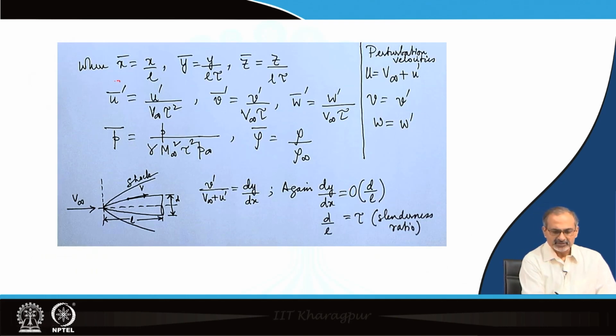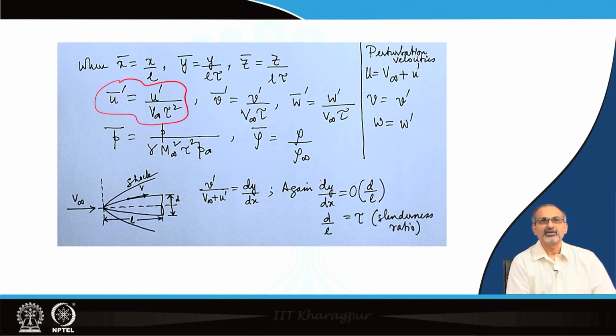And here comes the definition of u bar dash, which we just tried to argue, why it happens to be u dash by V infinity tau square. On the other hand, you notice that v bar dash happens to be non-dimensionalized as v dash by V infinity tau, which would be producing an order unity term, and why it happens that way we will try to explain further.